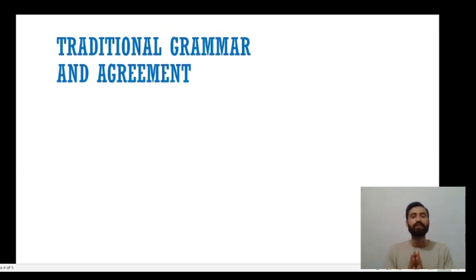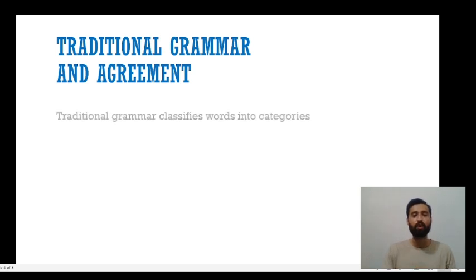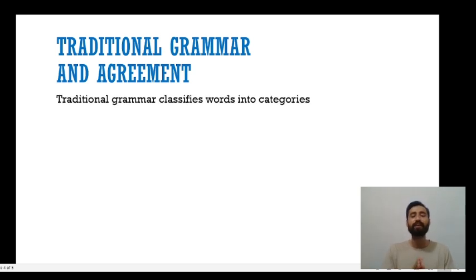The next topic that we are going to talk about is traditional grammar and agreement. If you look at the term traditional grammar, we get the idea that these are rules derived from Latin and Greek. That's why it's called traditional grammar. It classifies words into categories, like different parts of speech: noun, pronoun, verbs, adverbs.